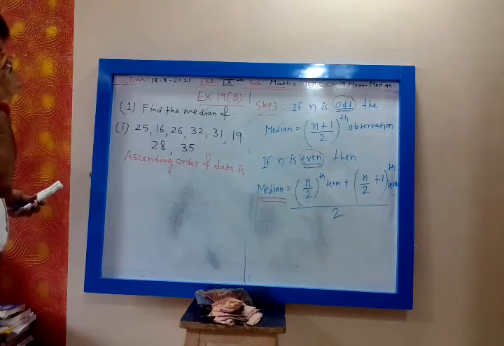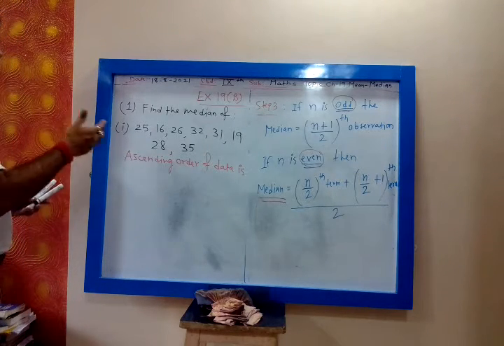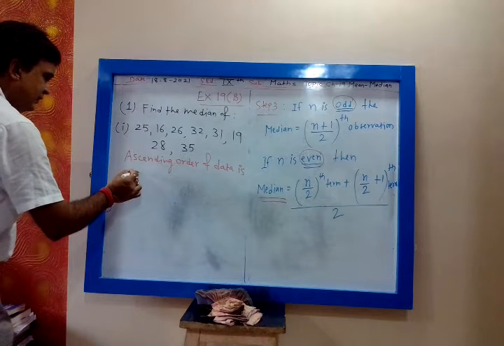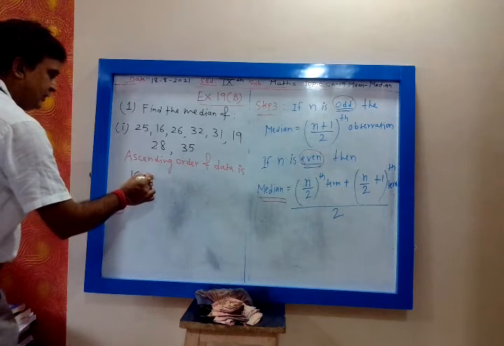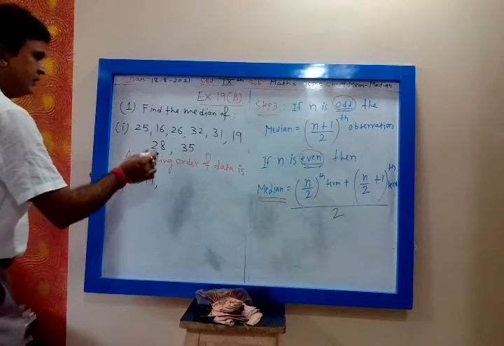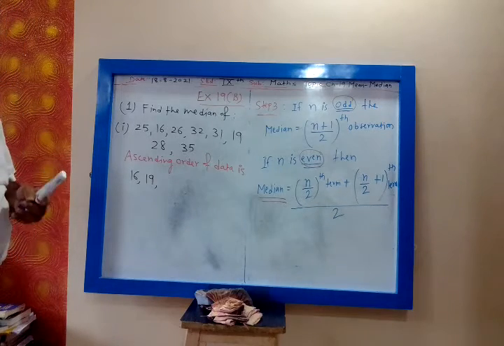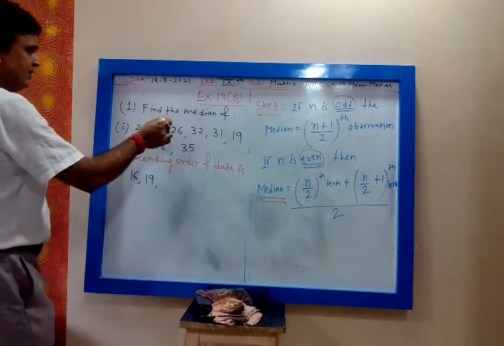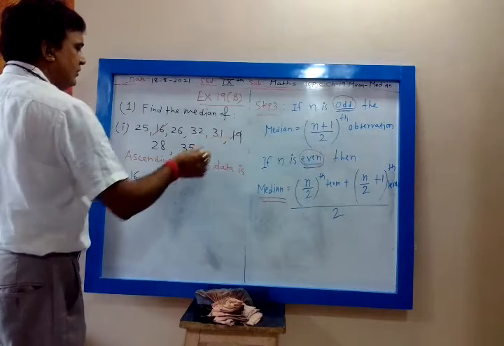Ascending means smaller to bigger. 16. After 16, then it is 19. One thing you do, whichever data you have written now, with pencil you cancel. 16, 19.